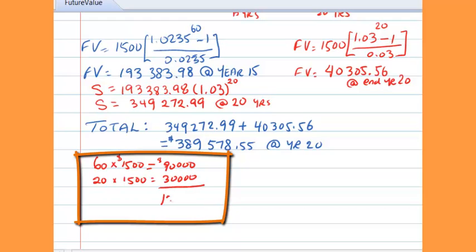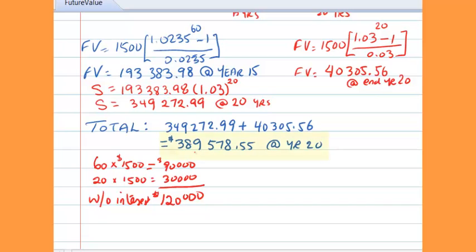So without interest, we made a total of $120,000 in deposits. That means that if I subtract $120,000 from the total with interest, I can then conclude that the total interest on this investment is equal to 389 minus 120, or $269,578.55.